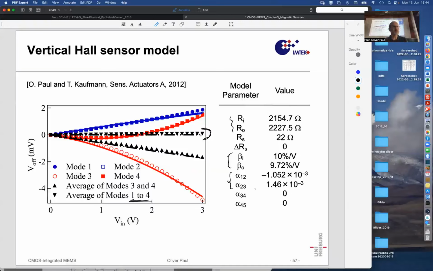Still a beautifully linear sensor, but not a high resolution sensor for small magnetic fields.